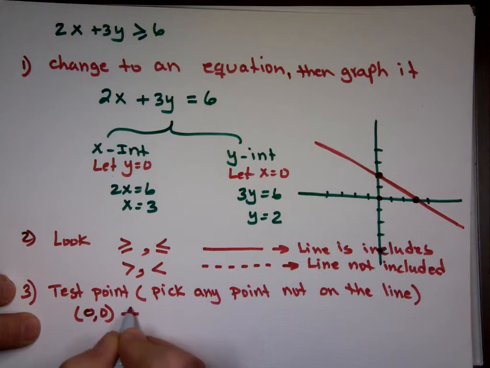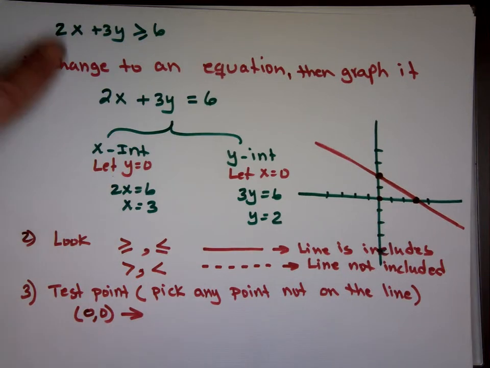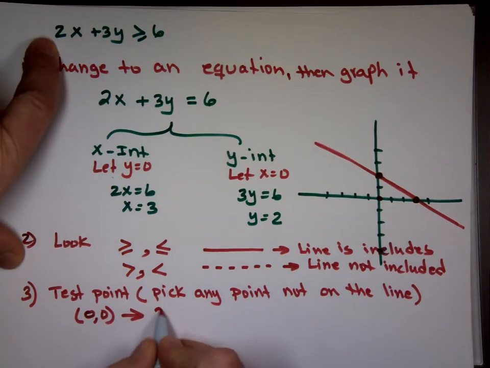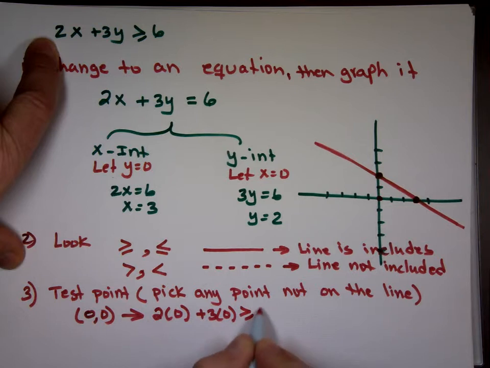So let me try 0, 0. Now let's plug it into the inequality. Go back to this problem. Is 2 times 0 plus 3 times 0 greater than 6?